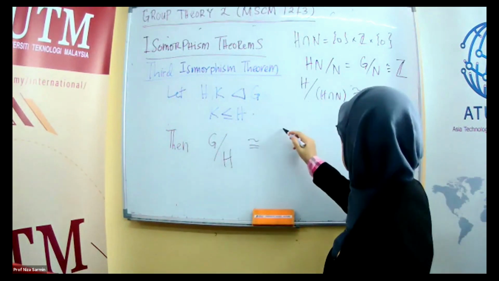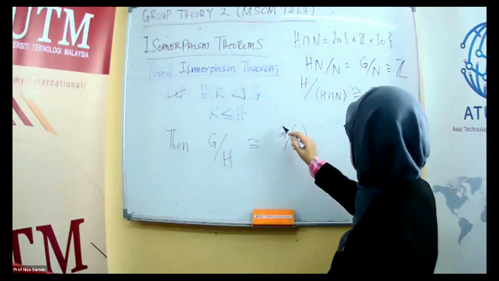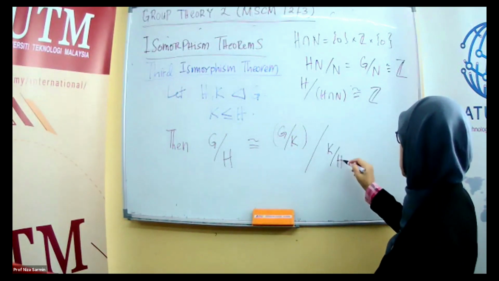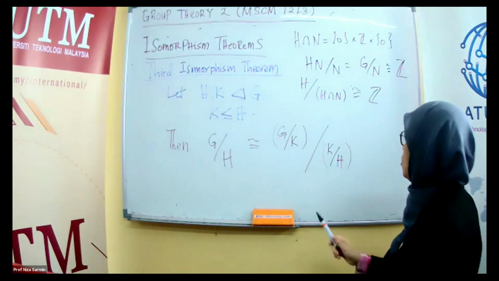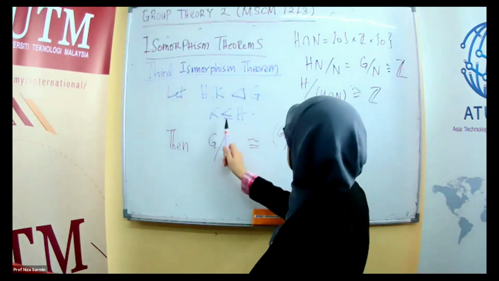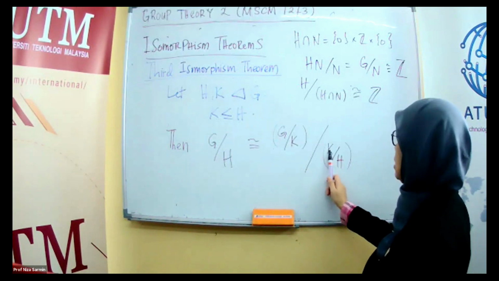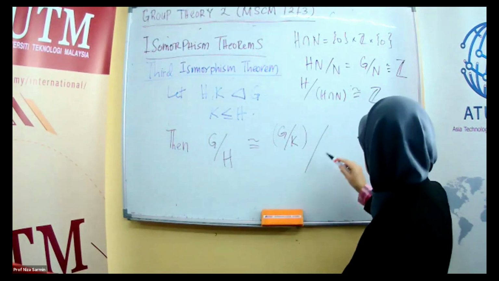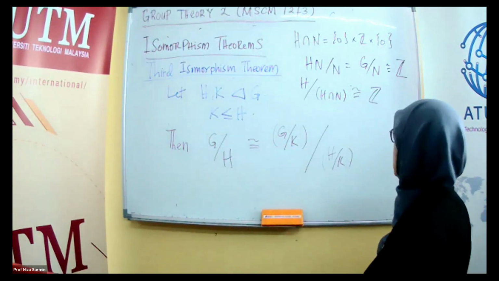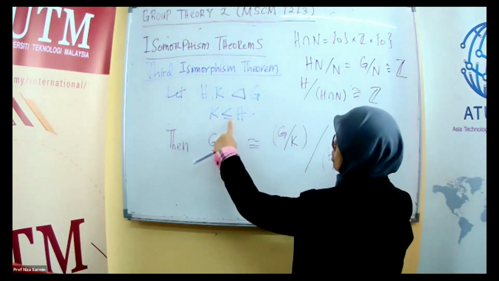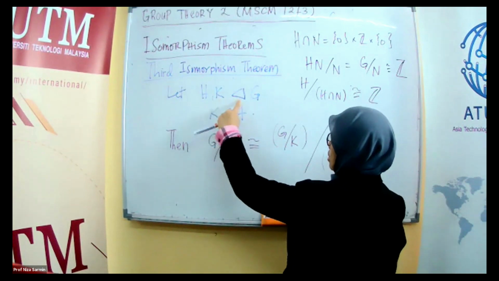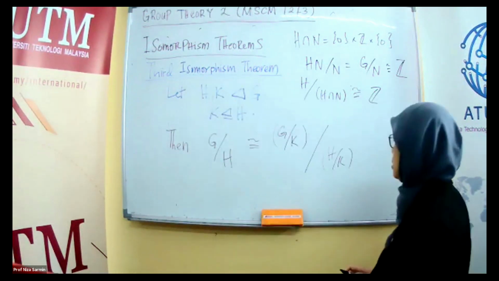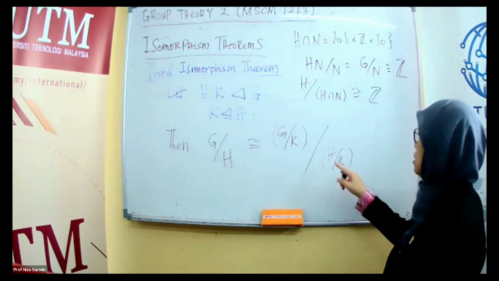It's isomorphic to G mod K mod H mod K. That is why I want K and H to be normal, and I want K to be a subgroup of H. K is normal in G, and I want it to be normal also in H. So I can take this.